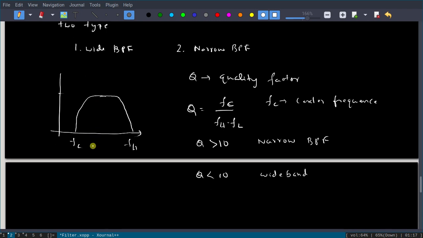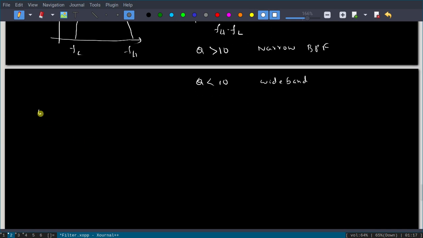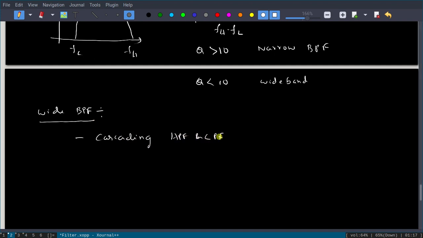So let us consider wide band pass filter. You can realize a band pass filter by cascading a high pass and a low pass filter. And what is the roll off you require?